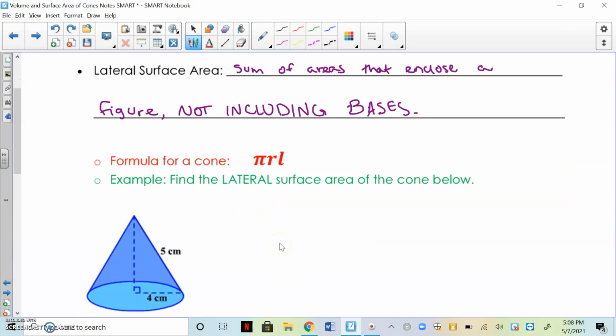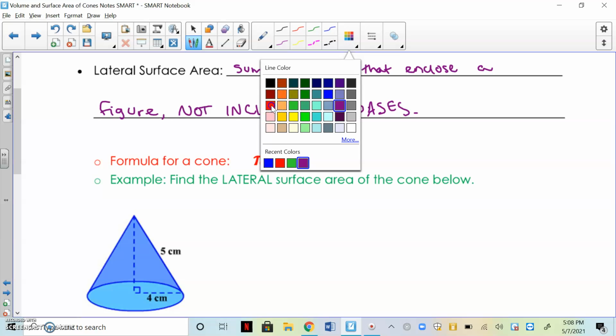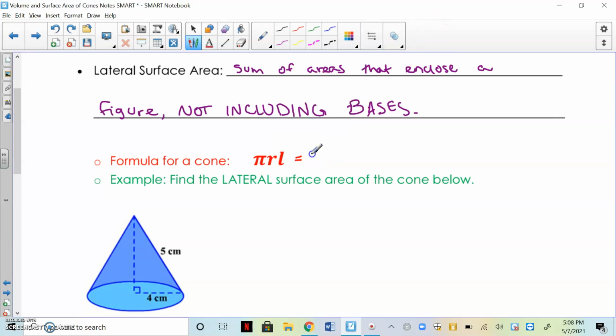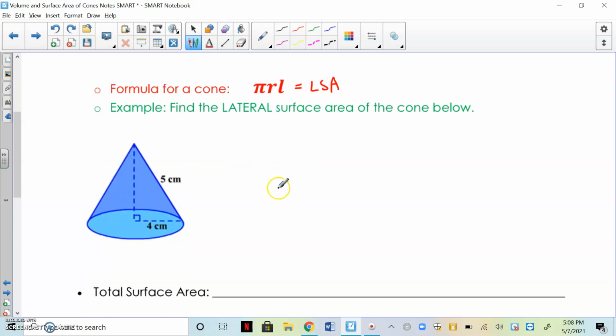All right, so to find the lateral surface area of a cone, this is the formula. We call lateral surface area LSA. It's a pretty basic formula: if you have the radius and the slant height, you are in business. To find the lateral surface area of this cone, I will just do pi times my radius, which is 4, times my L, which is 5.